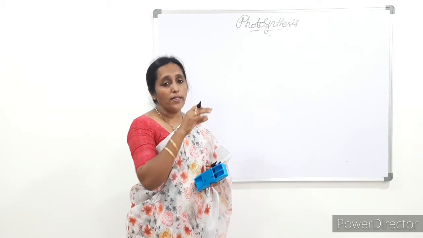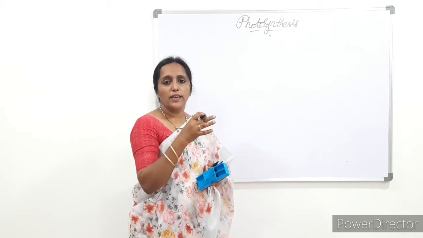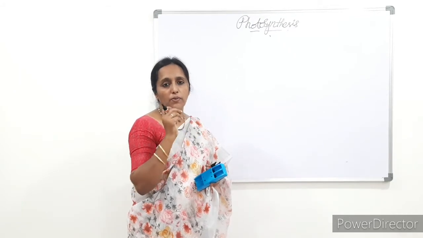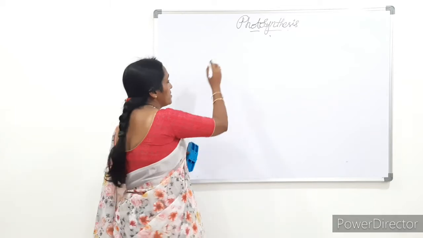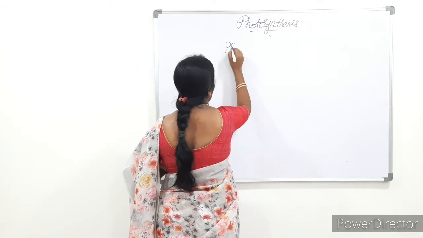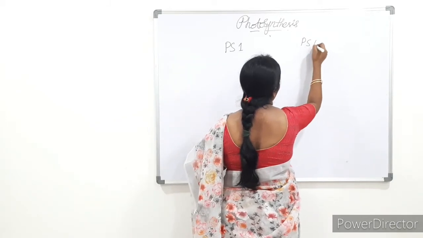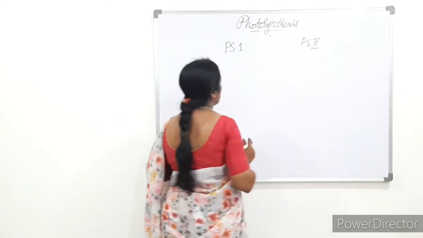Now, when the light falls on the pigments or the chlorophyll A, how does this chlorophyll behave? There are two systems, photosystem 1 and photosystem 2. These are the two main systems.